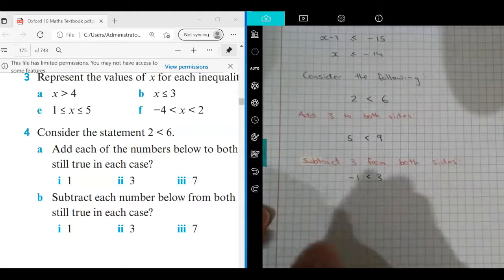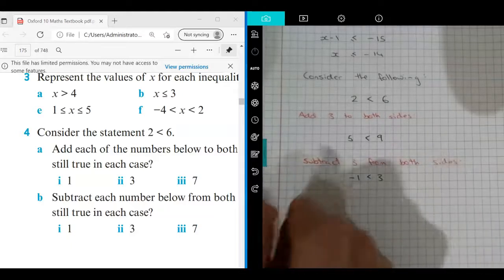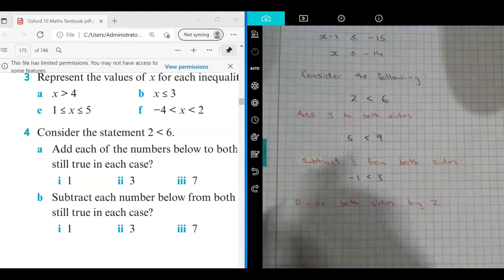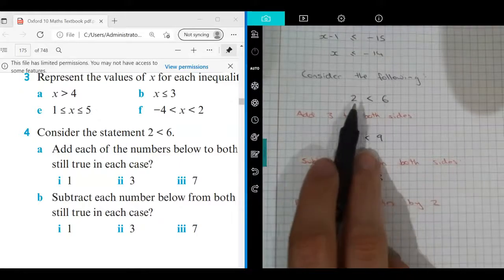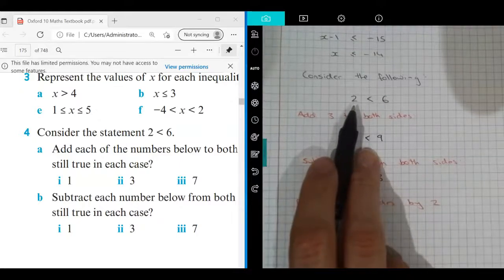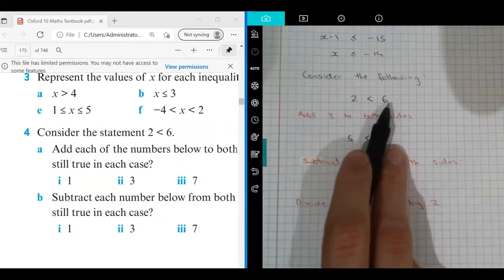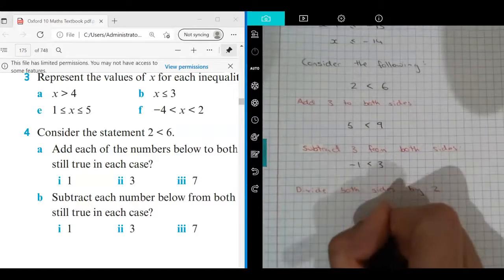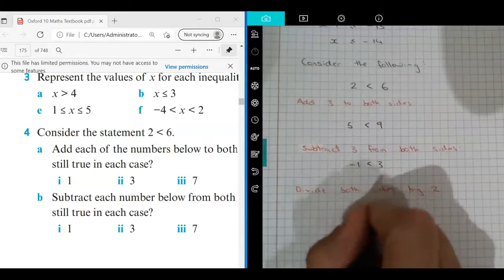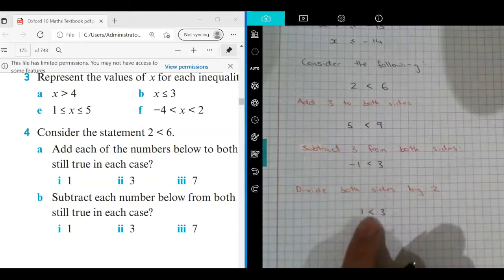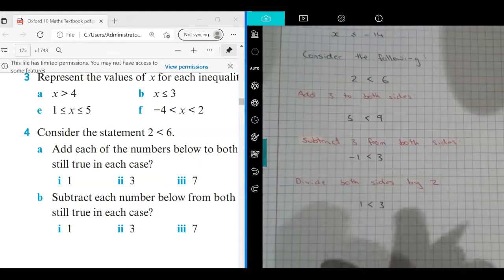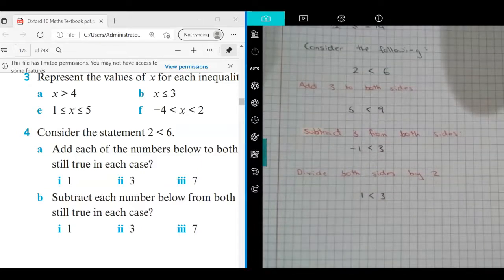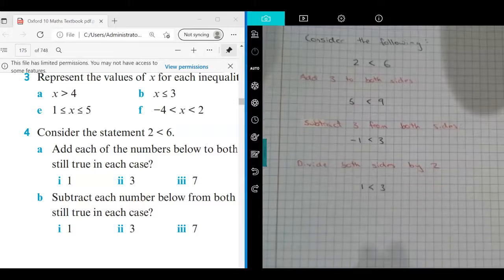What if we were to divide both sides by 2? If I divide this side by 2, I'd get 1. If I divide that side by 2, I'd get 3. So 3 is greater than 1. Again, that makes sense.